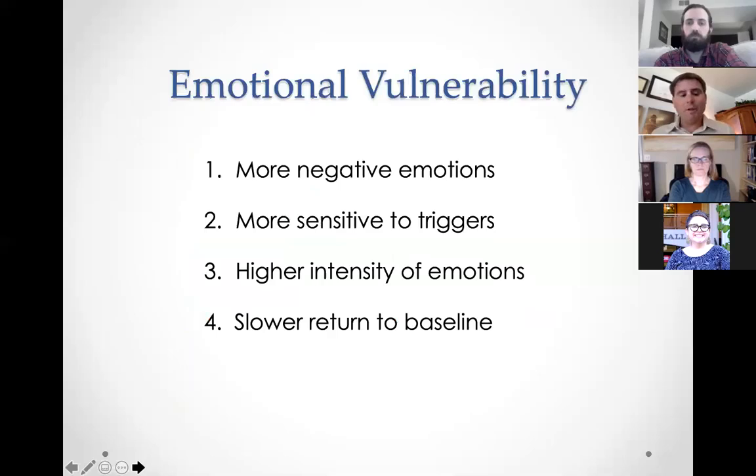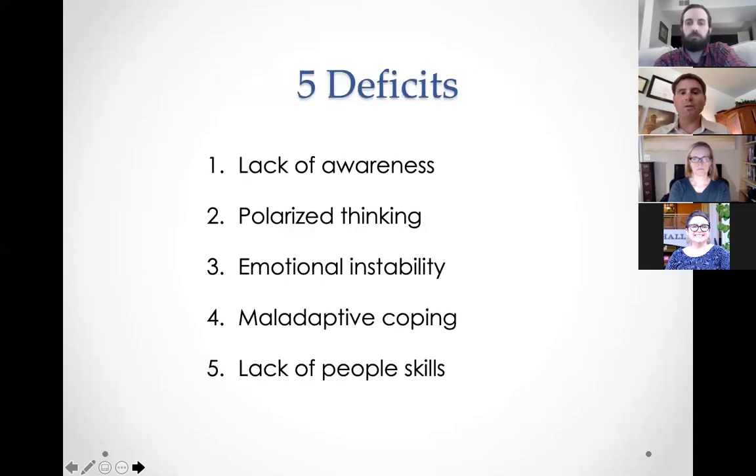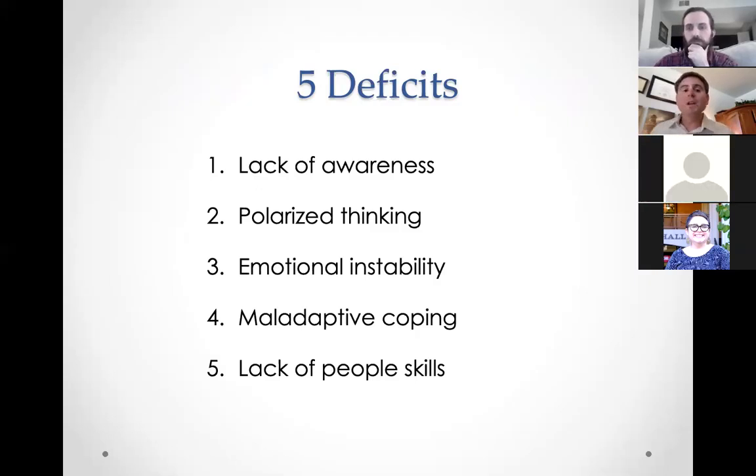Okay, and the right risk factors in combination with lots of invalidation will culminate in this emotional vulnerability. So what Marshall Linehan noticed as she was working with this population was that this emotional vulnerability was also correlated with other problems.